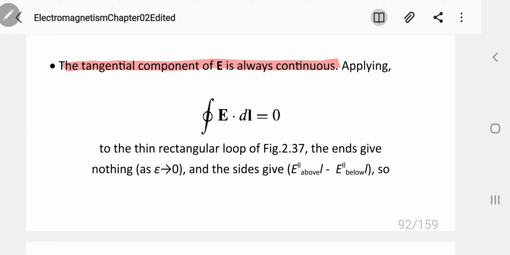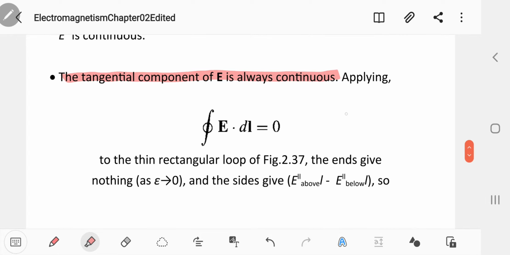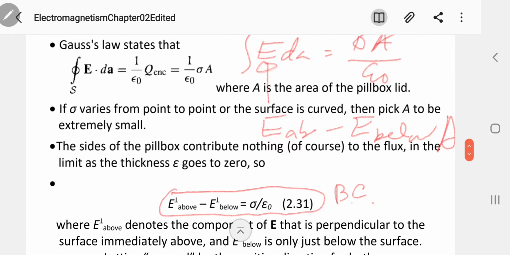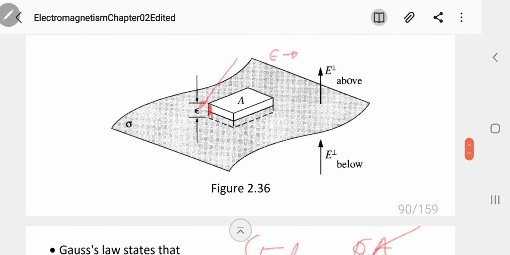You have here two components of E. Let's check that. Let's go back to the figure here.